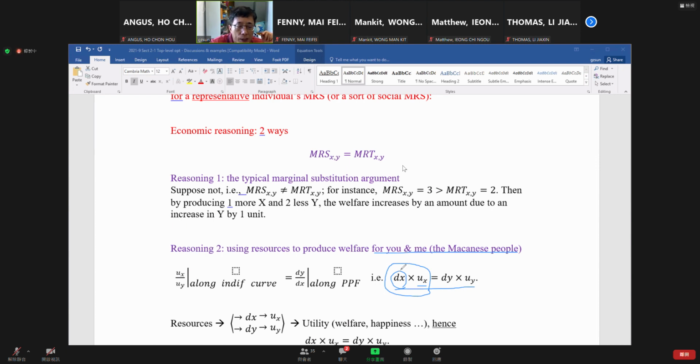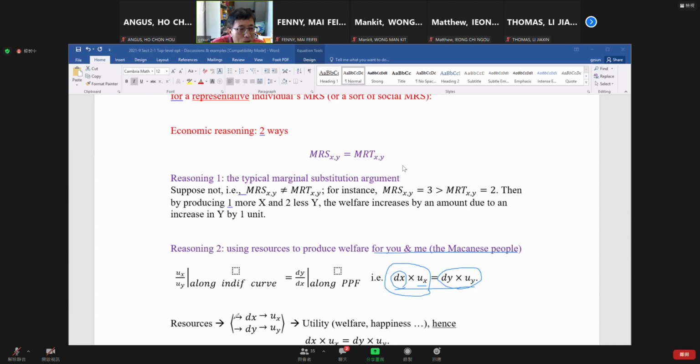At the same time, we can also produce a little bit more Y and then put more Y into the hands of consumers. And the same consumer's utility will increase by this much. And now, this equation tells us the two numbers must be the same. How to understand this in a very simple way, in actually a very powerful way, but we call it a childish way to be modest.